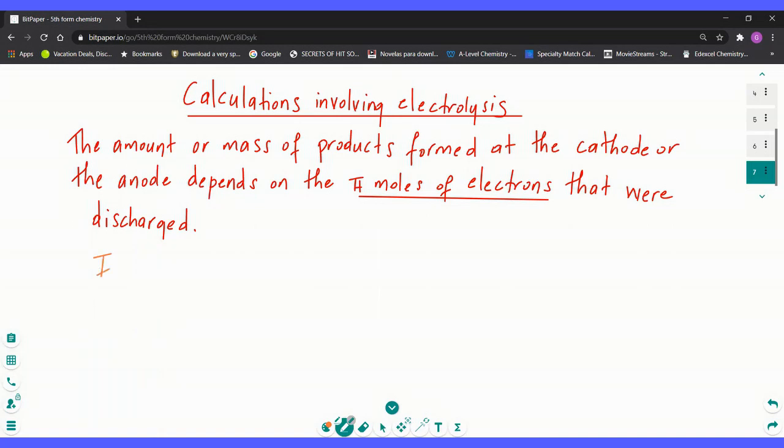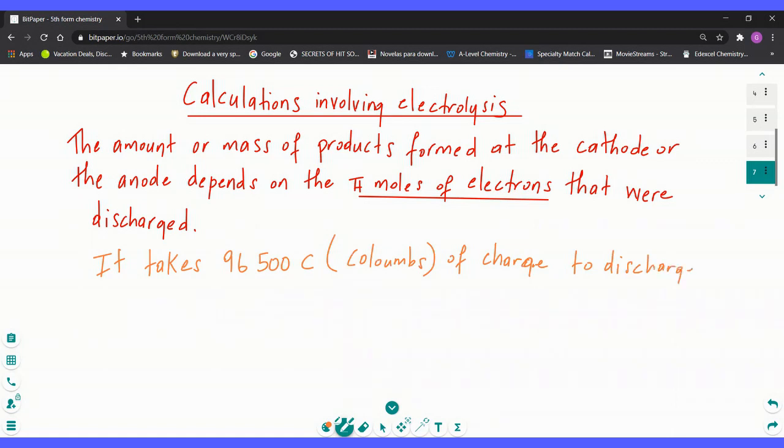Now it takes 96,500 coulombs of charge to discharge 1 mole of electrons.